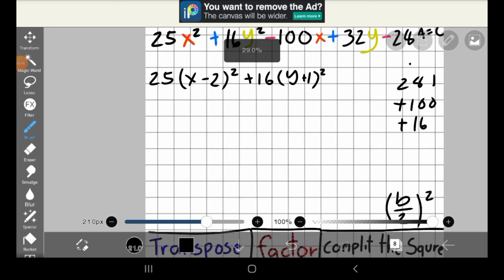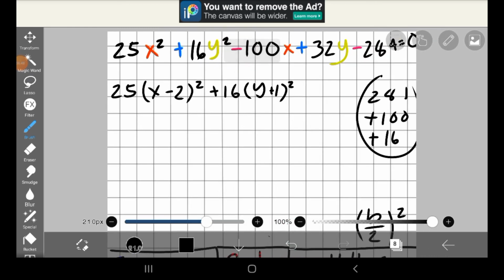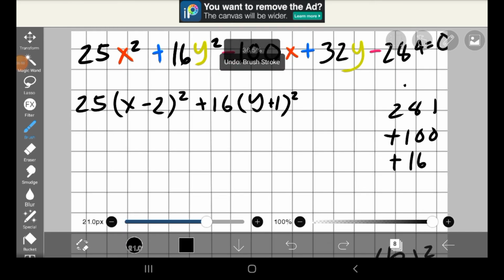Now, let's combine the constants on the right side.